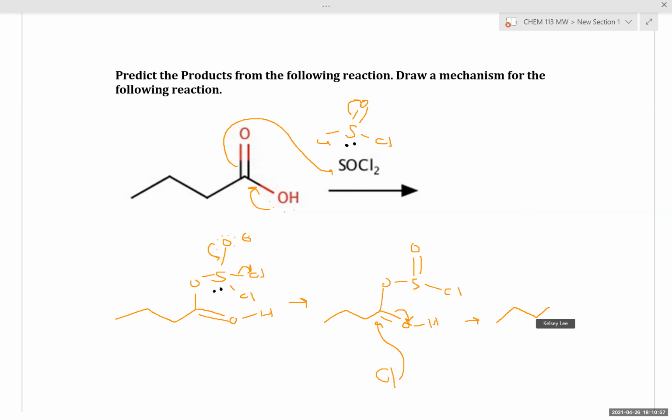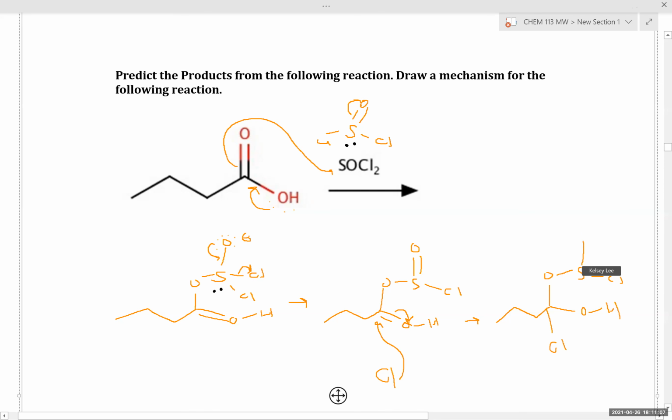From here, we have our tetrahedral intermediate. When our tetrahedral intermediate collapses, we'll kick out our better leaving group, which is the activated alcohol.